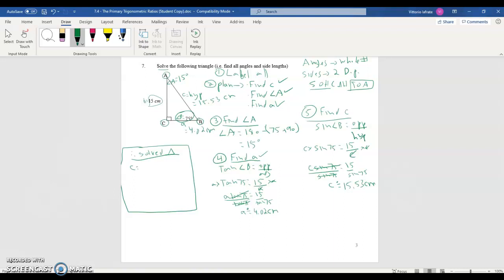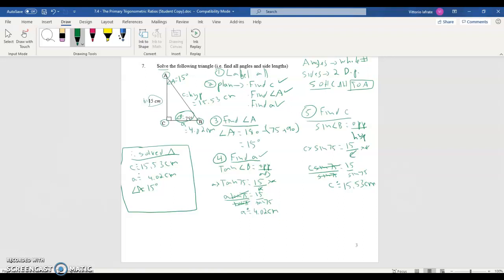So side C is approximately equal to 15.53 centimeters. Side A is approximately equal to 4.02 centimeters, and then angle A is equal to 15 degrees. And there you have it.